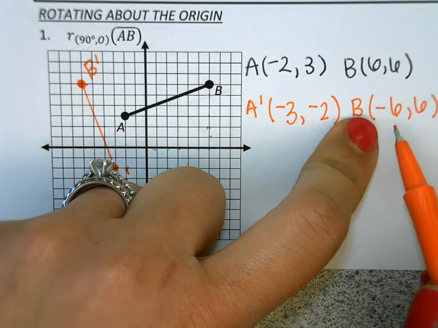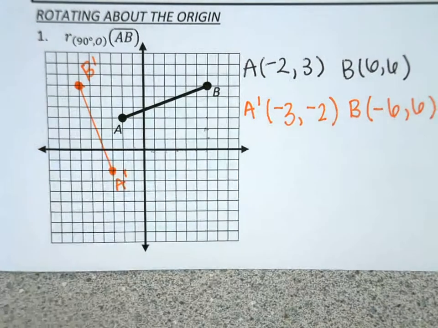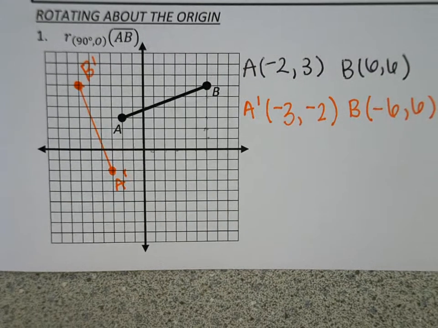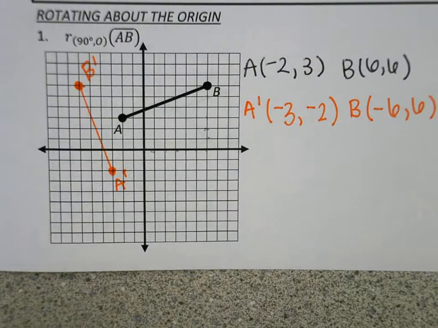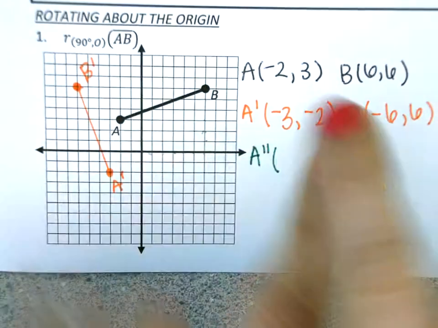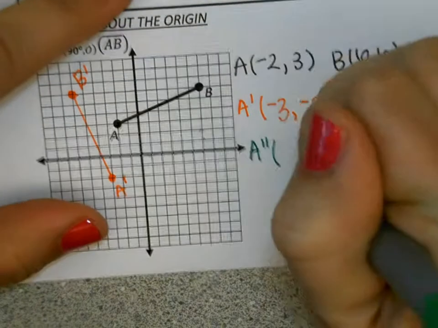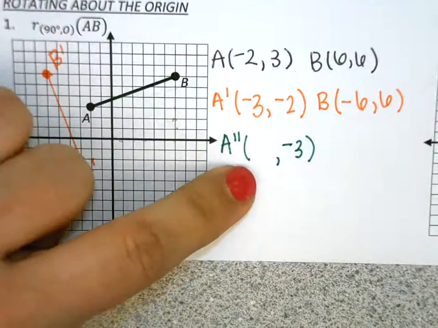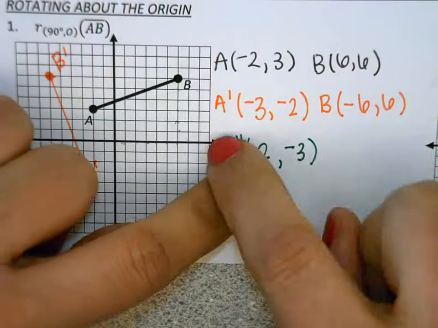Do you think that will follow through if we rotated it 90 degrees again? Yeah. Okay, so let's make a prediction. We are predicting that A double prime, if we flip-flop these again, -3 is going to be the new y, and what's going to be the new x? +2, because we did the opposite, right?